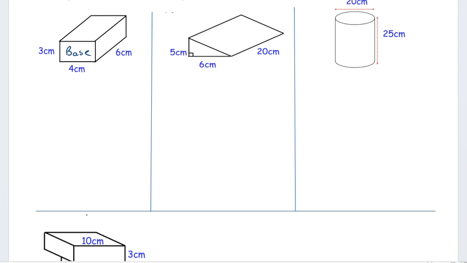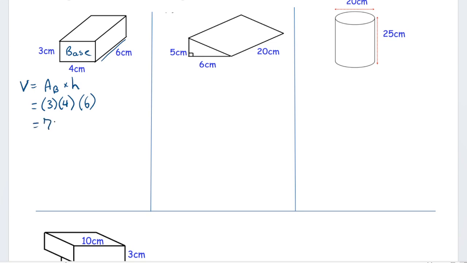So volume is equal to area of the base times height, which in this case, area of the base, it's a rectangle, so it's going to be length times width. 3 times 4. And then the height is going to be that dimension, which is 6. 4 times 6 is 24.